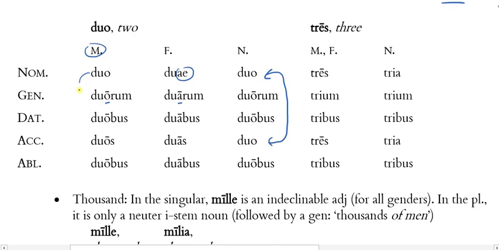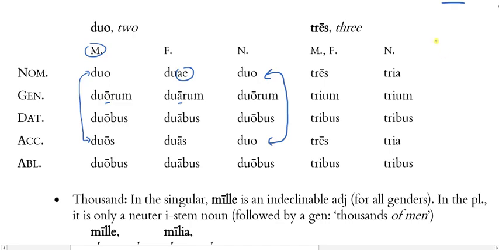As far as the masculine forms, not so, right? Duo and duos. So we see the distinction in masculine, not in neuter. If you remember, with third declension, the masculine and feminine are identical in nominative and accusative plural. So we won't see a distinction there, but there is in first and second declension.